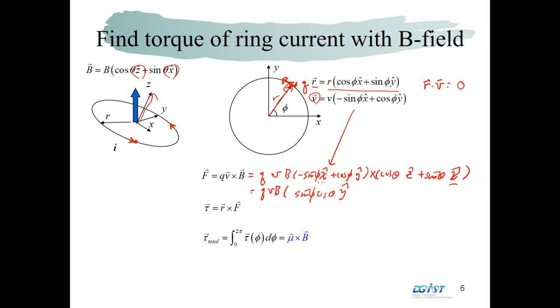If we multiply this term and those terms, they disappear. Taking the cross product of this component with this one, we have cosine phi sine theta, and y multiplied by g generates the x-axis. The final one is cosine phi sine theta, and y multiplied by x generates minus g. So we have a minus here.